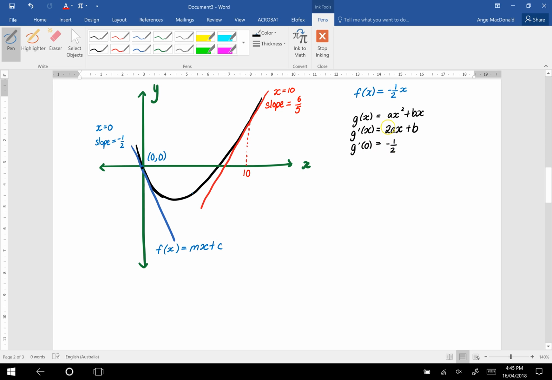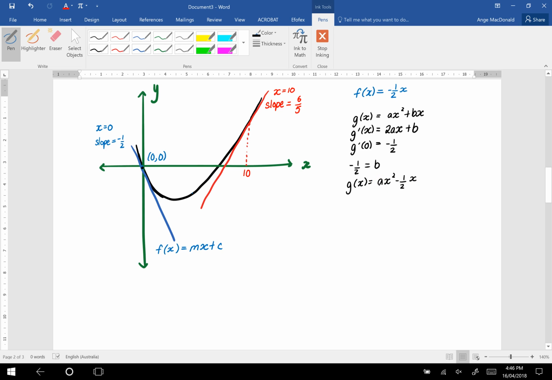Now if I substitute in, when x is 0, 0 times 2a is 0, so I'm left with b. We've now got g of x equals ax squared minus a half x. It'd be really handy if we could find a.